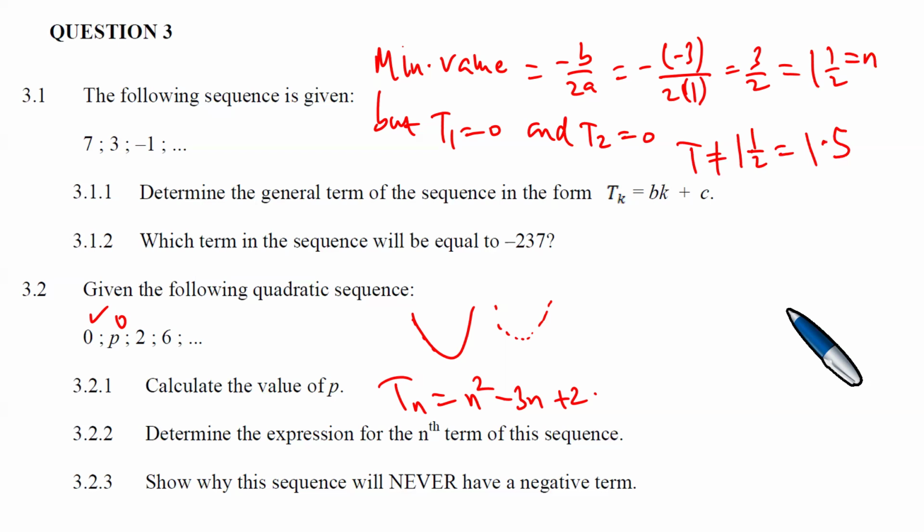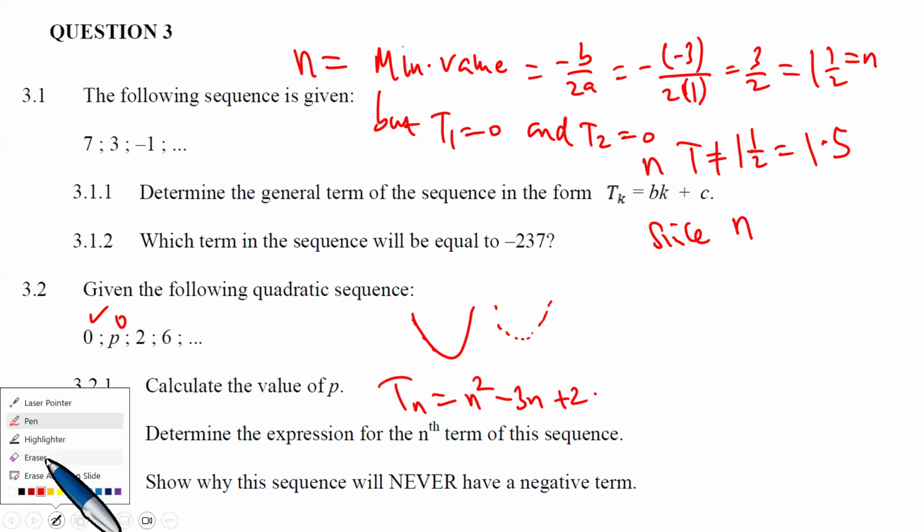It's either term number 1, term number 2, term number 3, and so on. So if we use minus b over 2a to find the value of n, it is either the first term, the second term, the third term, but it can't be 1.5. So n is not equal to 1.5.